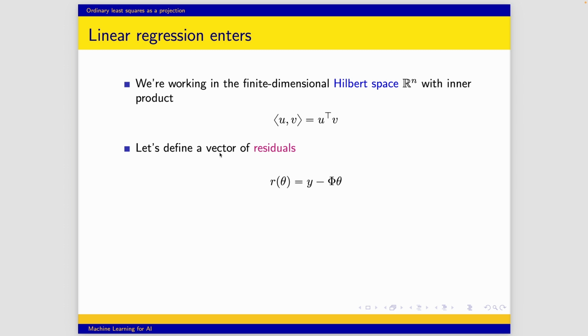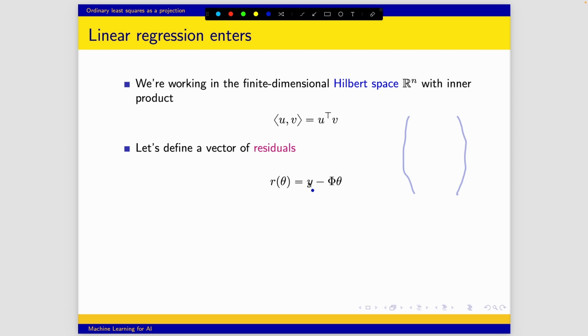Now let's define a vector of residuals. We're going to give it the symbol r of theta, so r is our residual vector, as the vector y minus the approximation of our vector y, phi times theta. So what is this? Well, let's think of what this is. It's a vector, right?